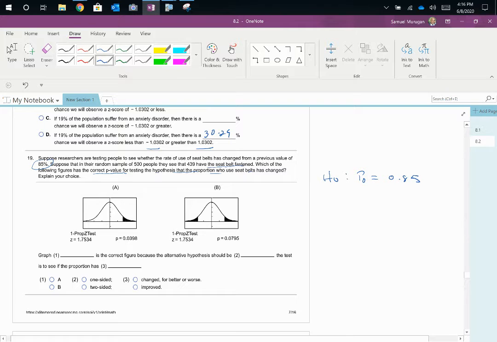Then when we read this problem, it says whether the use has changed. It doesn't say whether it increased or decreased. In other words, the alternative hypothesis is that p cannot equal 0.85. It's changed from 0.85.